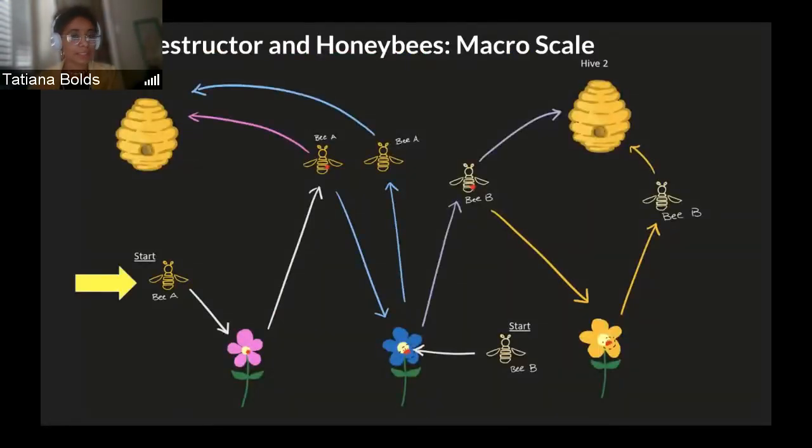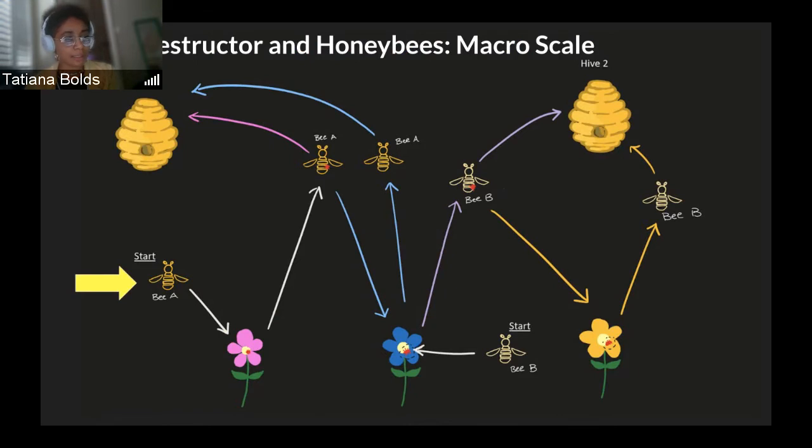If we look at this simple drawing diagram, you can see the macro scale perspective of this system, meaning how the mites interact with bees outside the hives and how multiple hives can transfer mites between one another. If you look at the start BA here, it can take the white path of arrows, go to a flower that has a mite on it, and it can either take the pink arrow path and return to its hive where the mite can enter the hive and reproduce, or it could go to another flower following the blue arrows and drop off a mite and return to its hive mite-free.